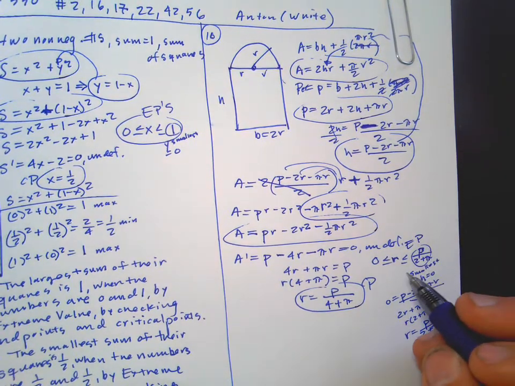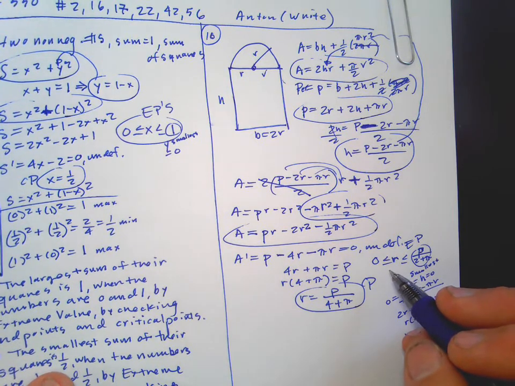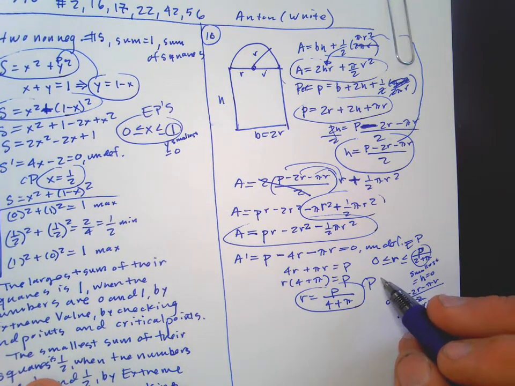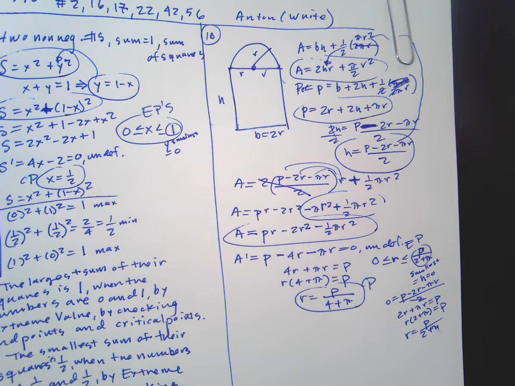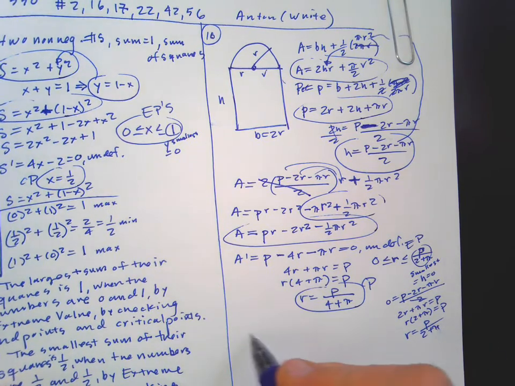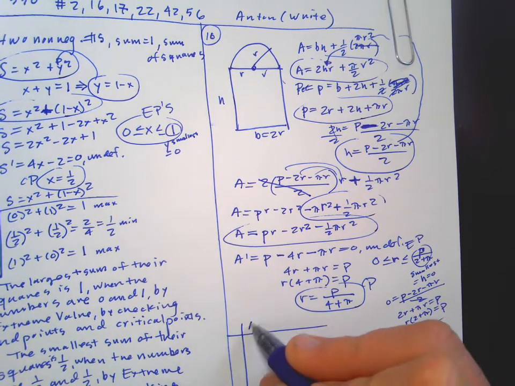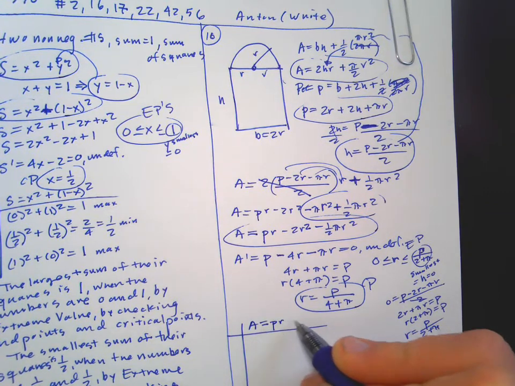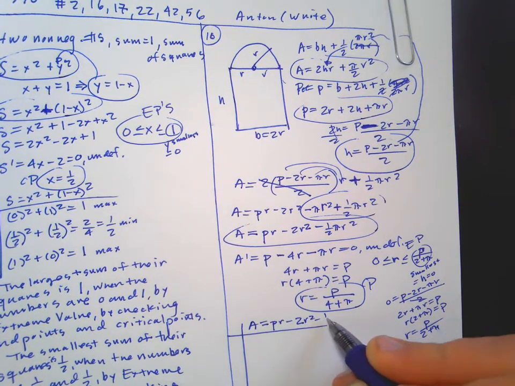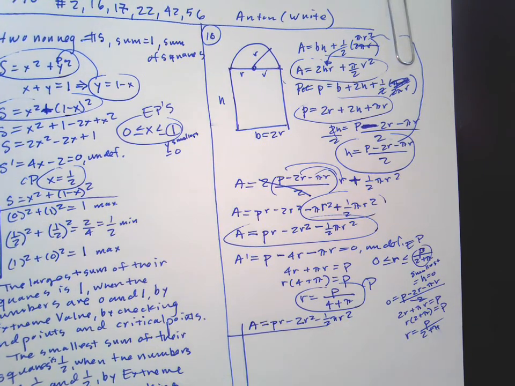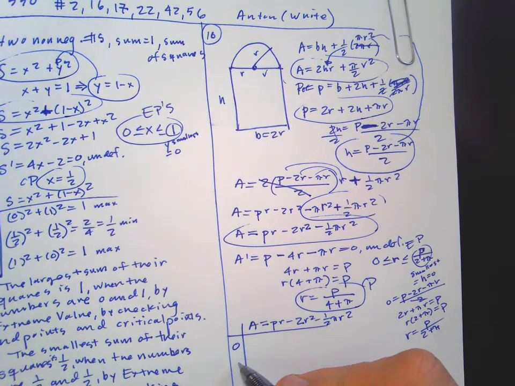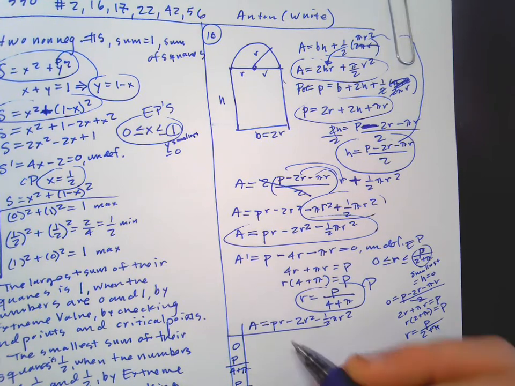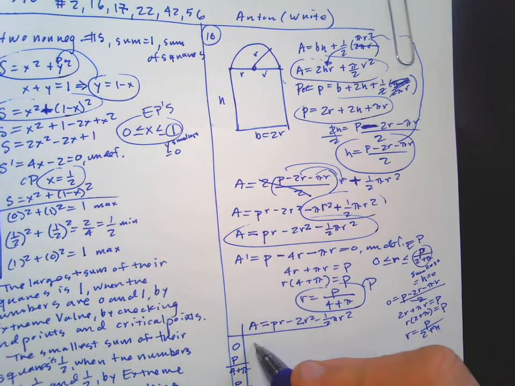Now, I don't know. I think doing EVT is going to be challenging. We're just looking to find the radius of the semicircle if the area is to be maximized. So we could try a table, but that might be tough. And plug the endpoints in and the critical points. So if you plug r equals 0 in, that one's easy, you just get 0.